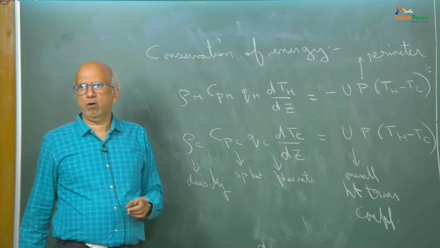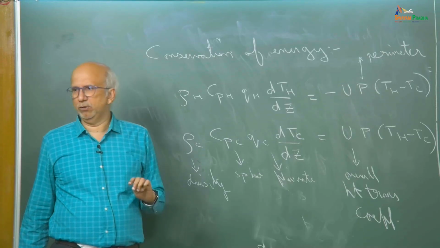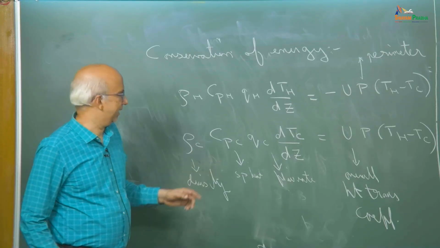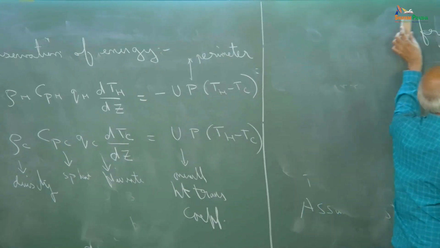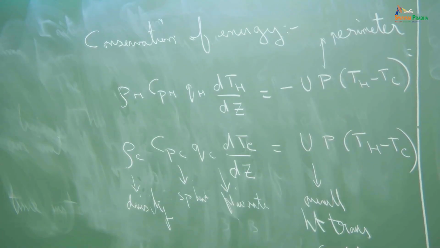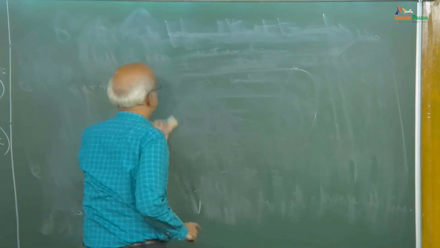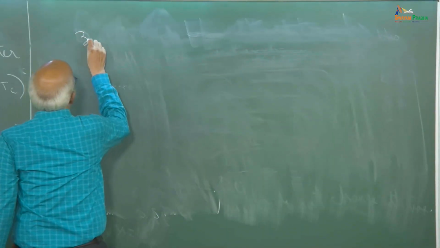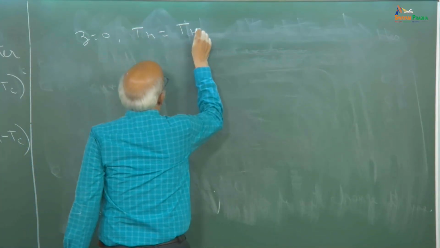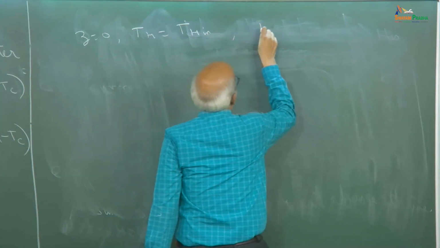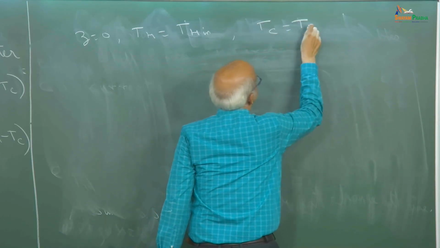I will also call this an initial value problem, because at Z equal to 0, I am specifying the temperature at the inlet. So, since my system is a co-current heat exchanger, at Z equal to 0, Th equals Th in and Tc is equal to Tc in.